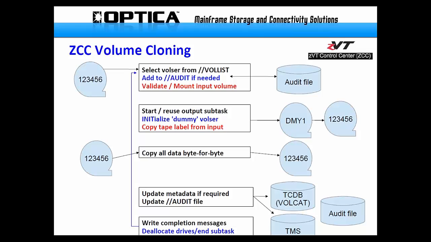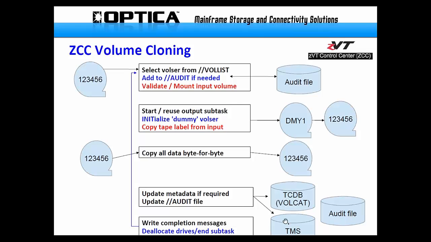So what we have is an exact copy of the input volume, including the volume label and the volume serial number. We then update any of the metadata that's required, and there's usually only two metadata updates required, one for the TCDB and one for the tape management system.